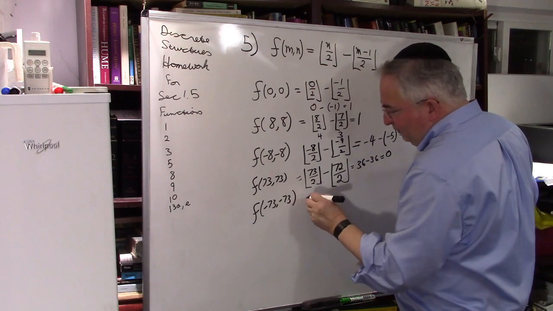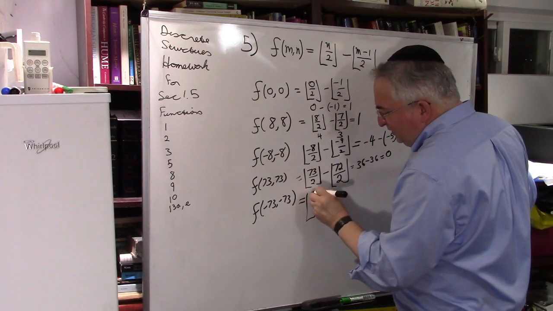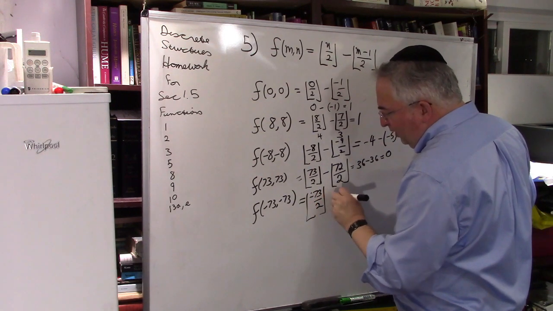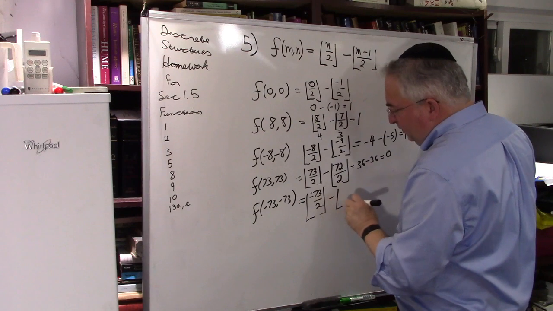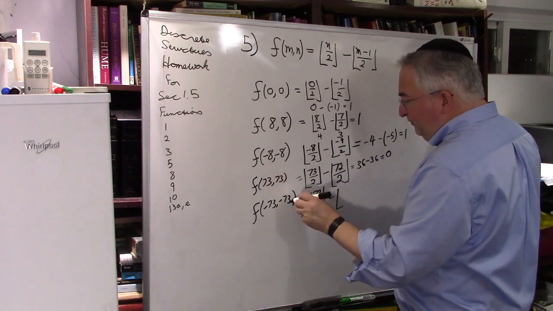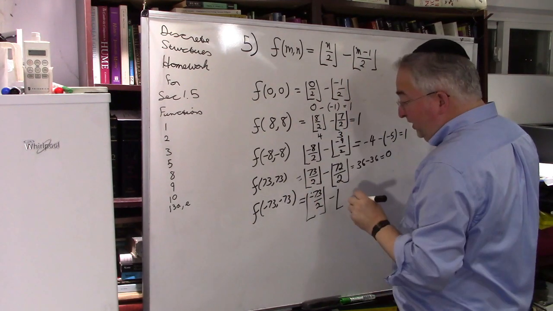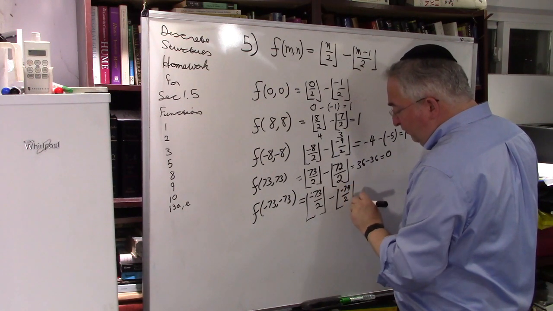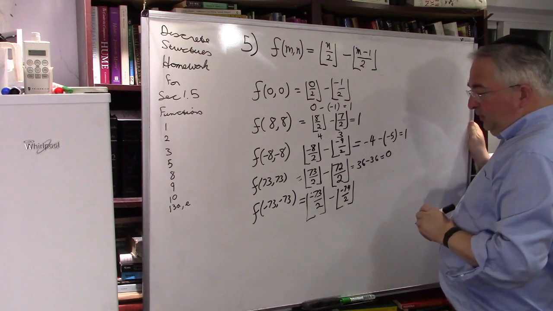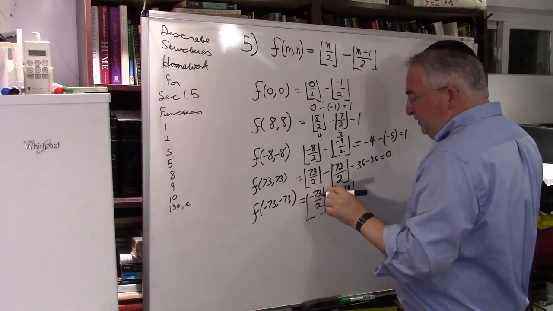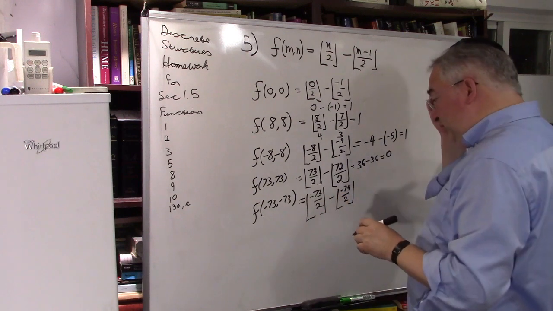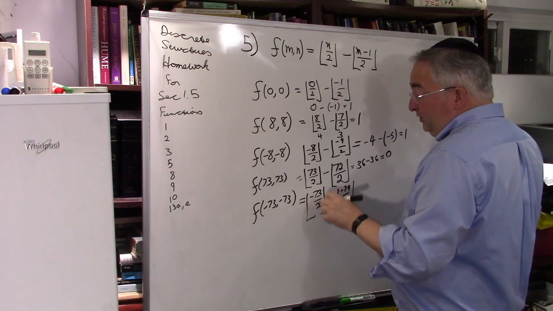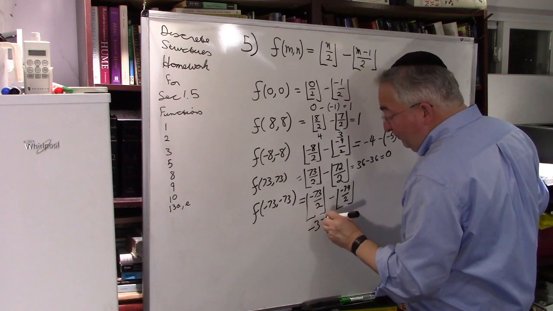Okay, let's do negative 73. This is going to be floor of negative 73 over 2, minus floor of negative 74 over 2. 73 over 2 is 36.5, so this is negative 36.5, and the floor is negative 37.